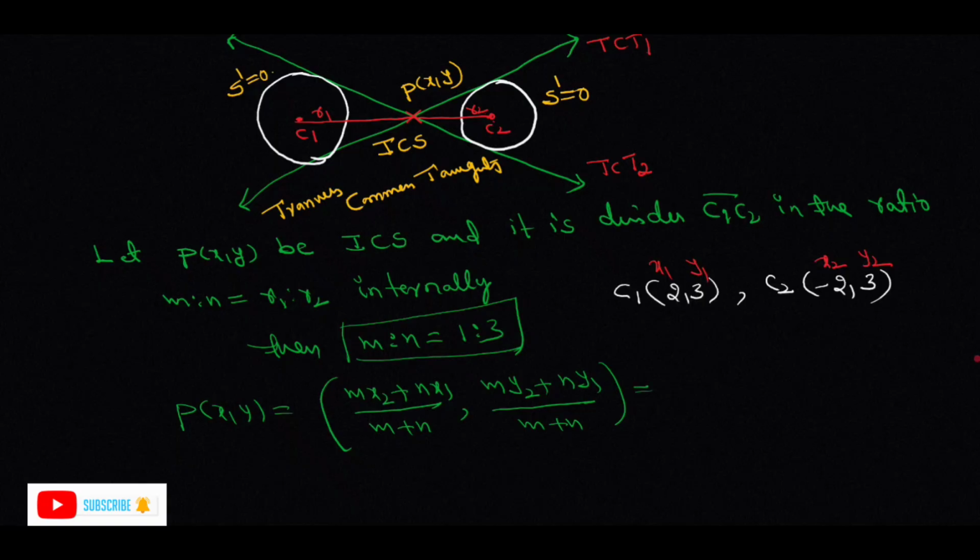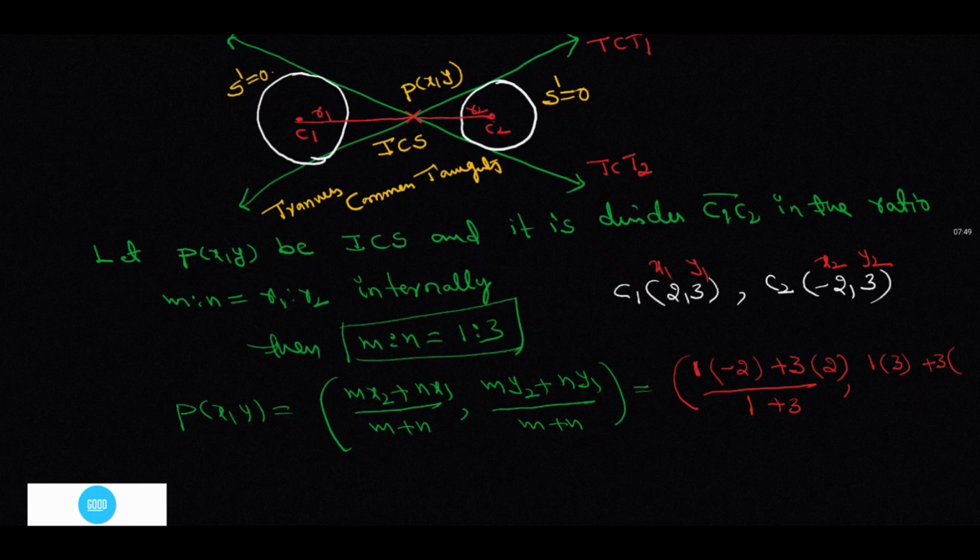That is m value 1 into x2 value minus 2, plus 3 into x1 value 2, by 1 plus 3, comma 1 into y2 which is 3, plus 3 into y1 which is 5, by 1 plus 3.